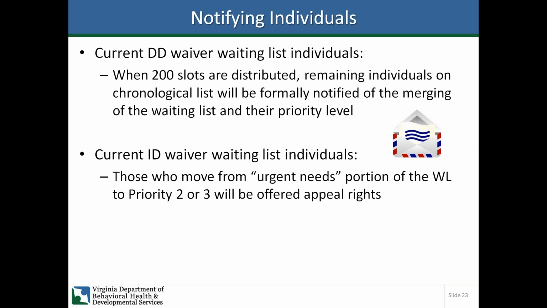And if their needs should change such that they require the services and support in the community living waiver, we are planning on having some reserved slots, and I'll get to that a little bit later in the presentation, that individuals can access to move to that waiver.